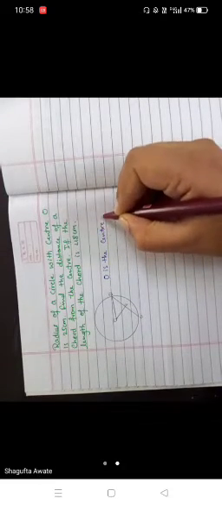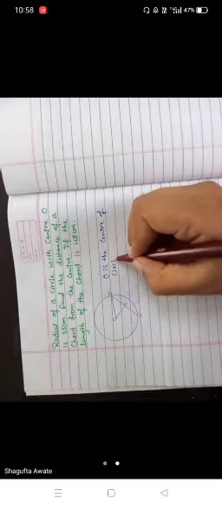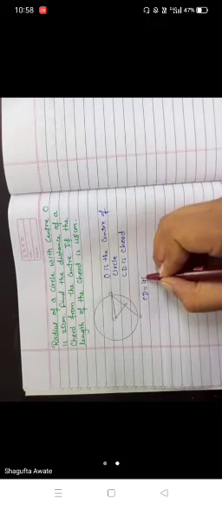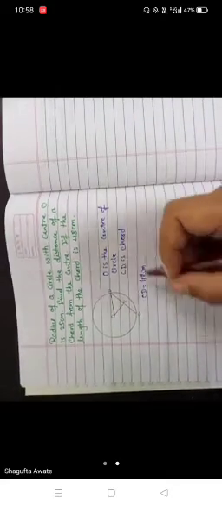So here O is the center of the circle, CD is chord, and OP is perpendicular drawn on this chord. So the measure of CD is given. How much they have given? Chord CD is equal to 48 centimeter, and OP is perpendicular to the segment CD.